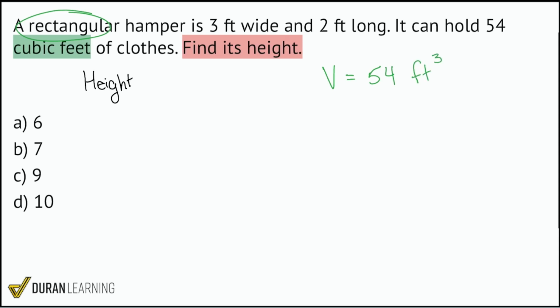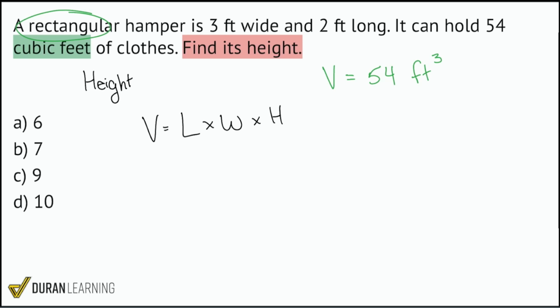And so, pop quiz, what is the formula for the volume of a rectangular box? What's that formula going to be? Queen, thank you. You already knew what I was going to ask. So volume equals length times width times height. So with that said, let's plug in the values that we have.